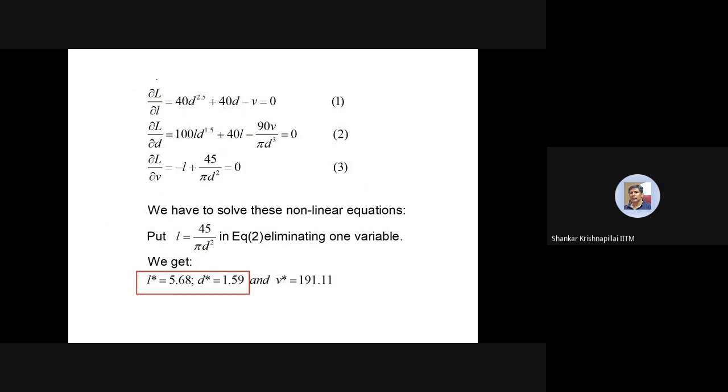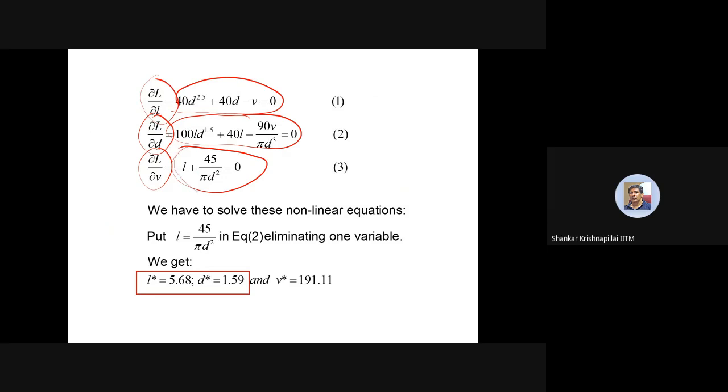Then partial capital L by partial small l will give this equation. Then partial capital L by partial small d will give this equation. Then partial L by partial nu will give this equation. So you can solve these three equations. If you want, you can make a substitution.